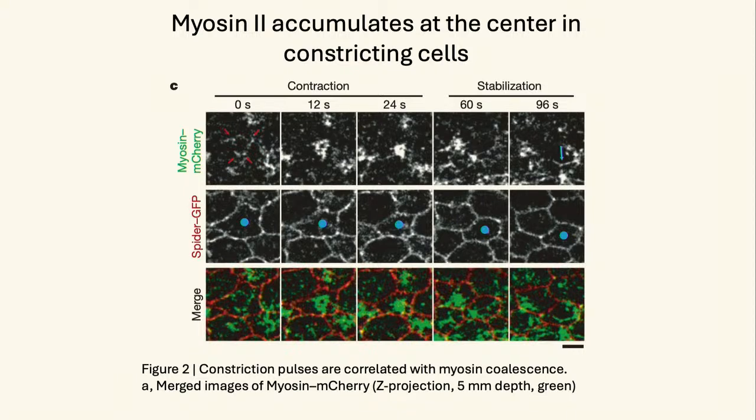The accumulation of myosin also correlates with the point at which the constriction phase is taking place. And then there is maybe somewhat less myosin intensity when the stabilization phase is present. So there is increased myosin here, and then there is maybe slightly less, it's still on the higher side, myosin which is present in the stable phase.